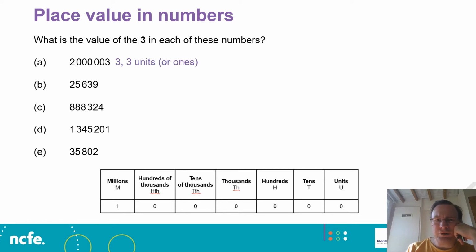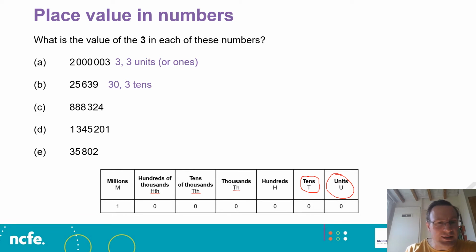So what you should see is the first one, 2,000,003. The 3 in that is worth 3 units. If you just watch that bottom, it's 3 units. Let's see what the next one is. In 25,639, the 3 is 30, so the value is 3 tens. You can probably guess where this is going next.